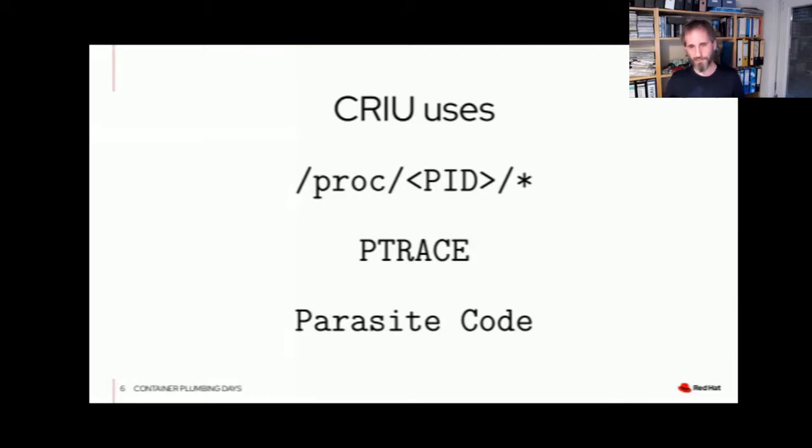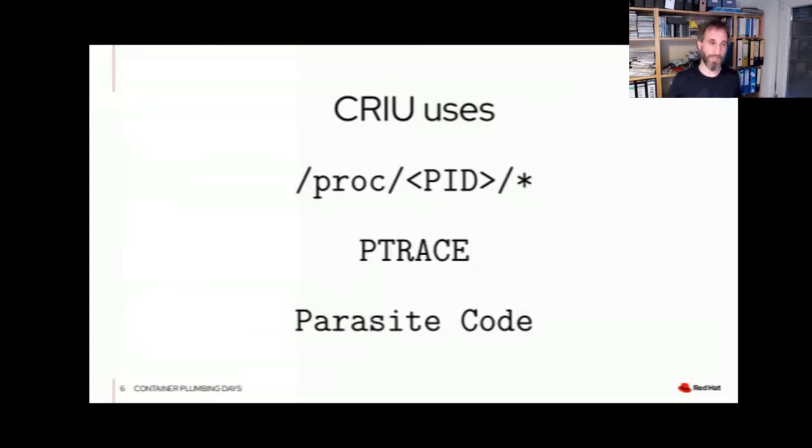The parasite code is then running within the process address space and can access everything the process can access. And so it's easy for the parasite code to get to certain information which is not available through proc_pid or which is slow via ptrace. So the parasite code is one of the important elements of CRIU, how to checkpoint and restore processes.